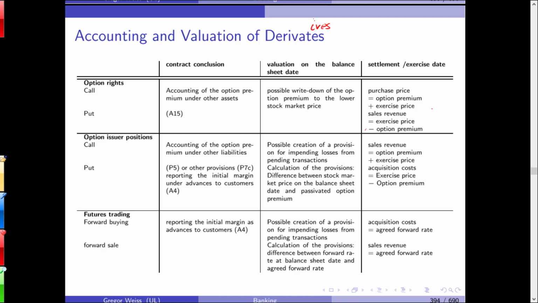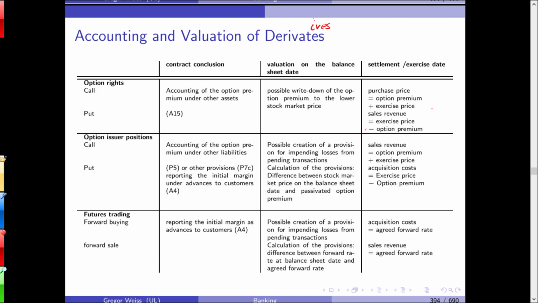What is the option issuer position here for a call and for a put? You account for the option premium under other liabilities. That's P5 or P7C. And you have to report the initial margin under advances to customers, that is A4.